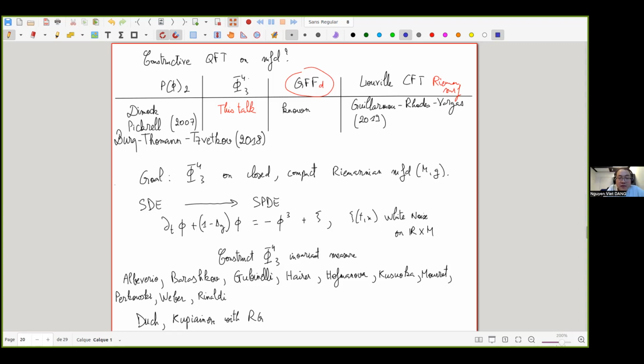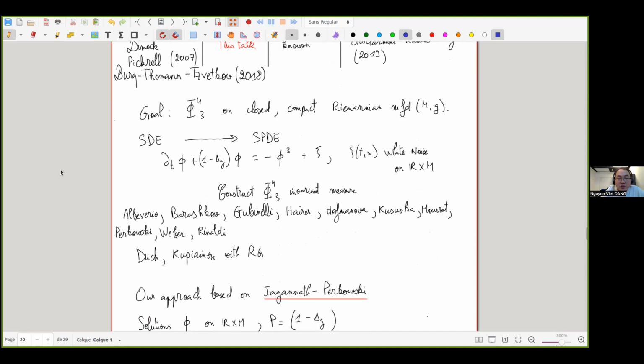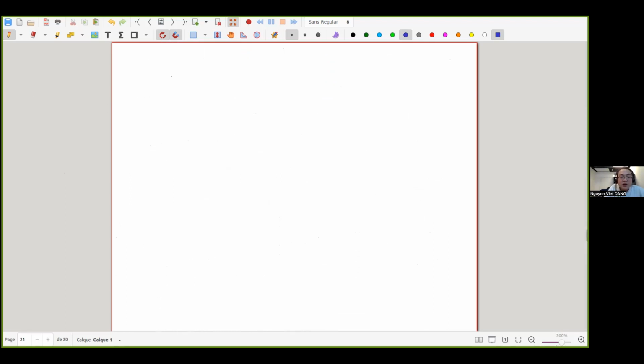And the purpose of my talk is to explain how we intend to build the Phi^4_3 theory on all 3-dimensional manifolds. So let me go back to the example of the SDE. When I had the spin chain, I considered the following SDE: du/dt plus nabla S equals white noise, psi, over lambda. Now I would like to take a continuum version, in perfect analogy, of the SDE.